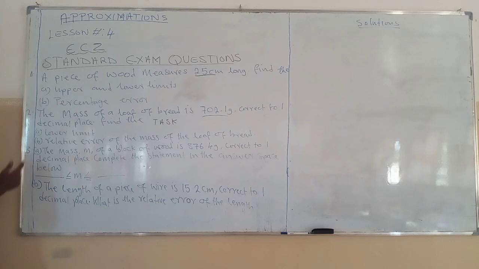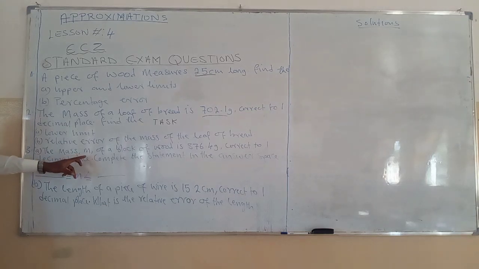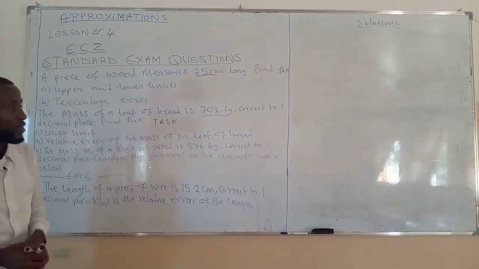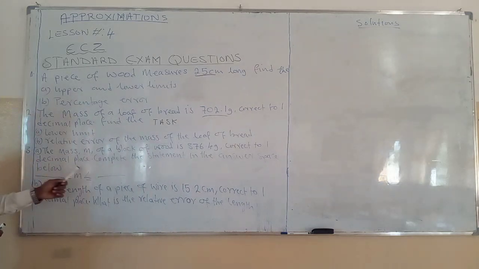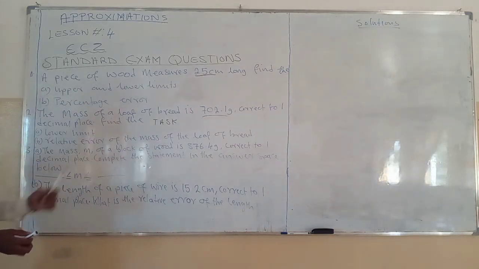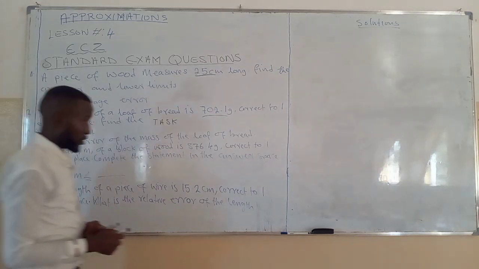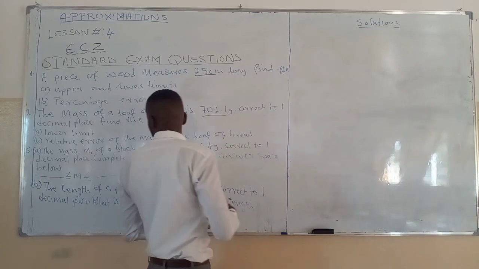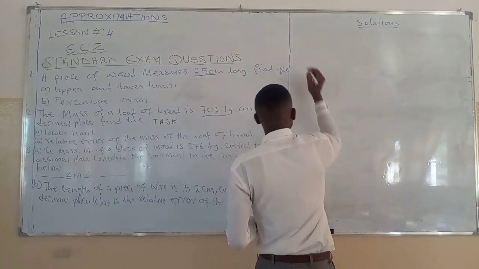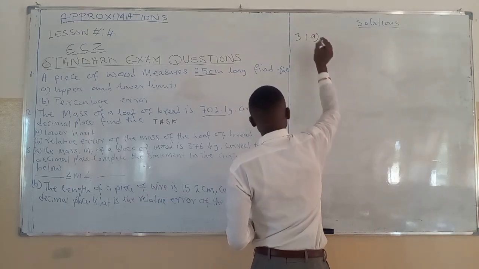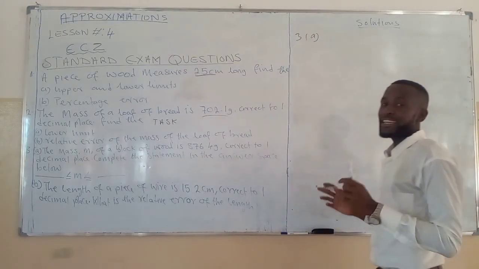Now let us do question number 3, which looks funny, but is very easy. The mass M of a block of wood is 876.4 grams, correct to 1 decimal place. Complete the statement in the answer space below. In question 3A, they have given us what we call a range.